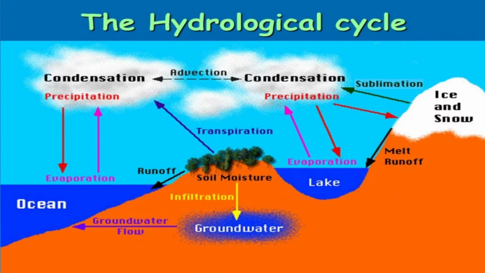Number four, release of atmospheric moisture in the form of precipitation over the continents and oceans. Number five, eventual transfer of water received by the earth's surface to the oceans, the most important being surface runoff, as you can see in this diagram.